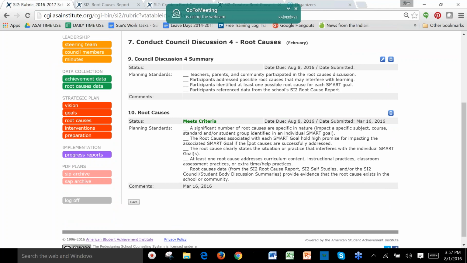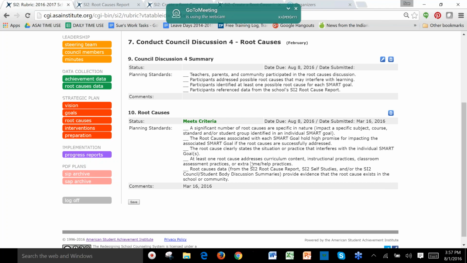There are root causes associated with each SMART goal, and those root causes hold high promise for impacting the associated SMART goal. So we really want to make sure there's a connection there. If we fix these root causes, we're going to see achievement go up. The root cause clearly states the situation or practice that's interfering with the SMART goal.